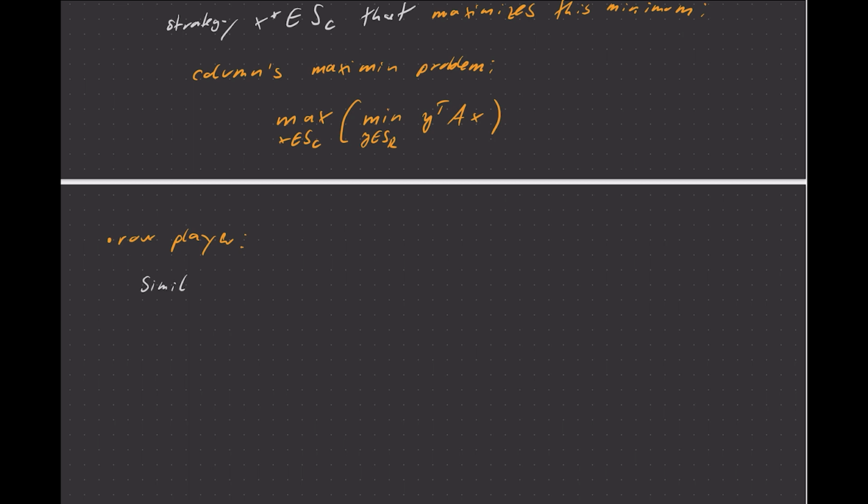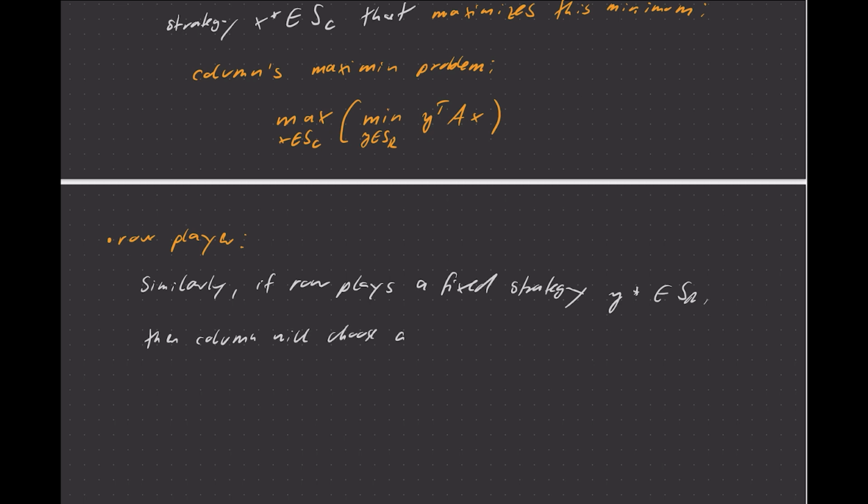So similarly, if Row plays a fixed strategy y star in SR, then Column will choose a strategy x in SC that maximizes the payoff.